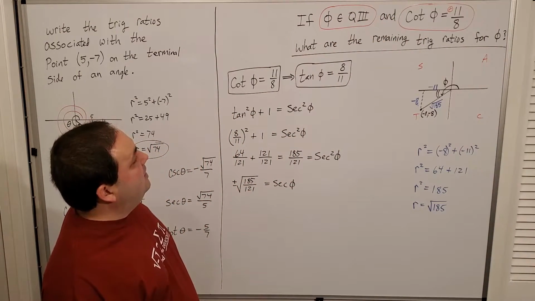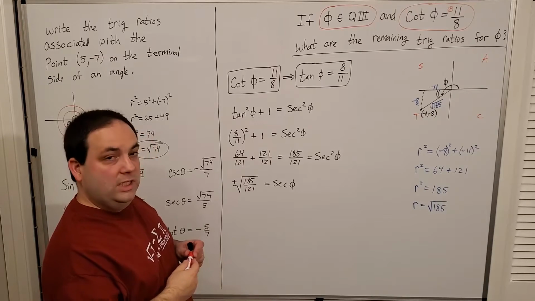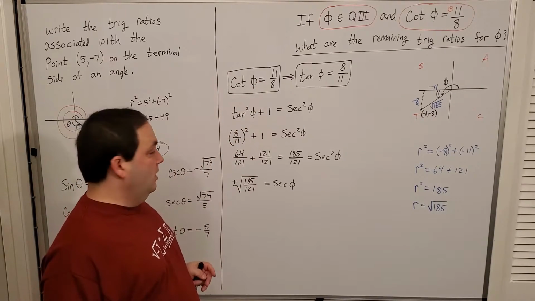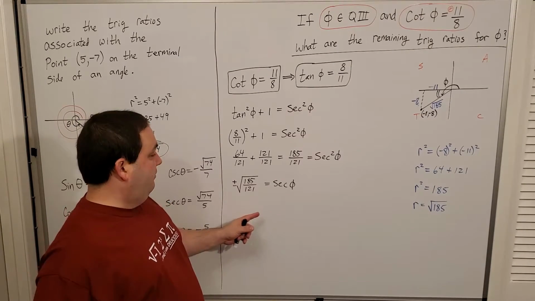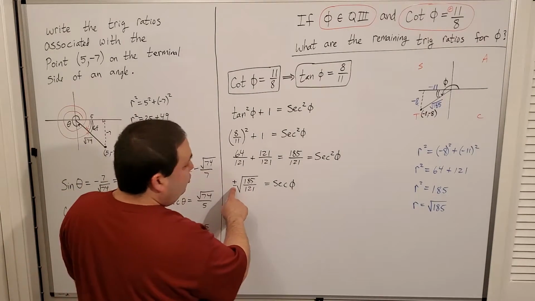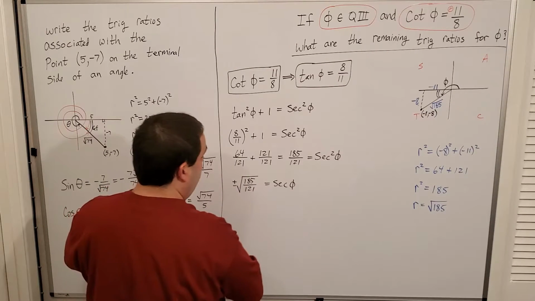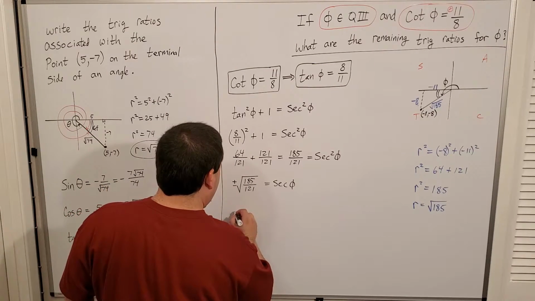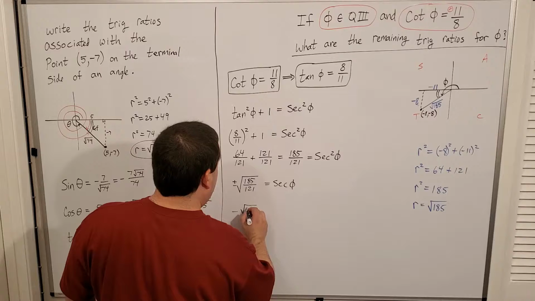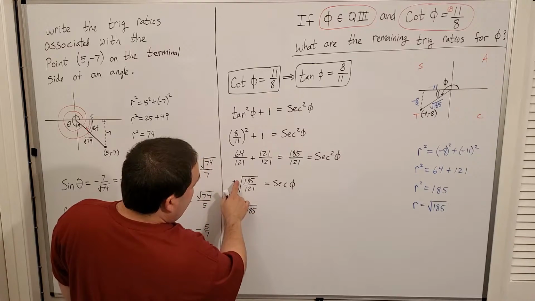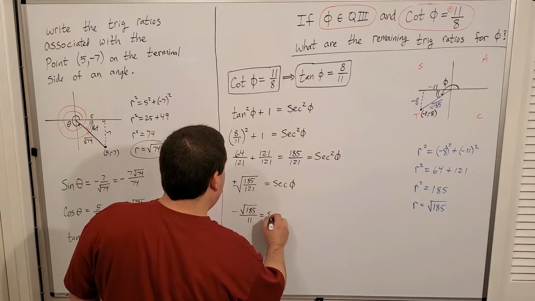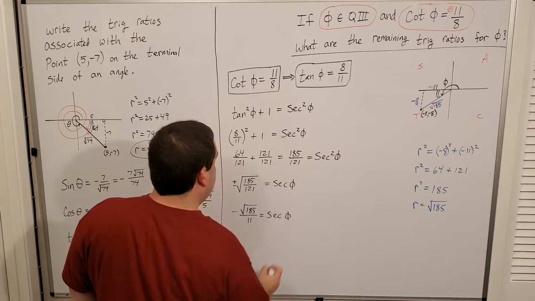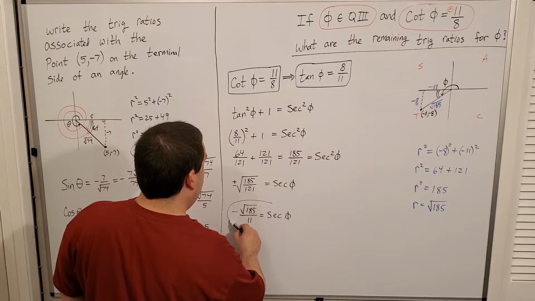So that means tangent is positive only, with cotangent. So all of the other 4 must be negative. So I'm going to choose the negative here. I'm going to choose negative, and it's going to be square root of 185. I can do the square root of the 121. It's just going to be over 11, equals this secant of phi.